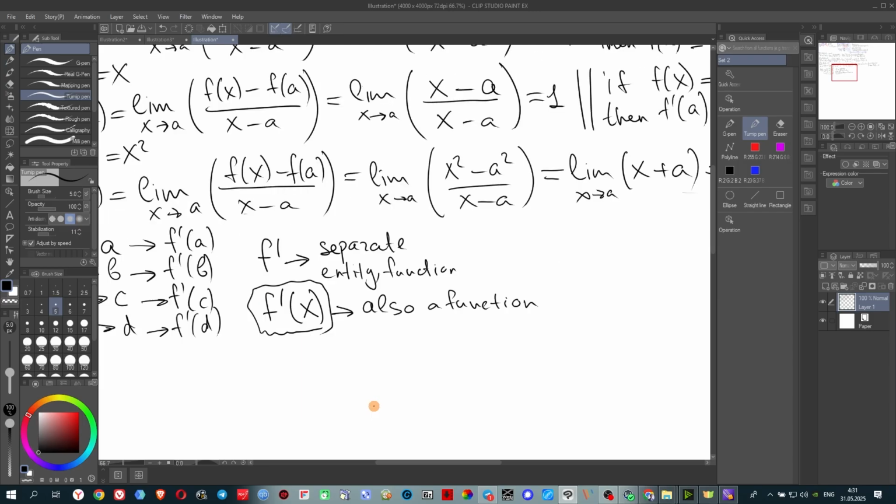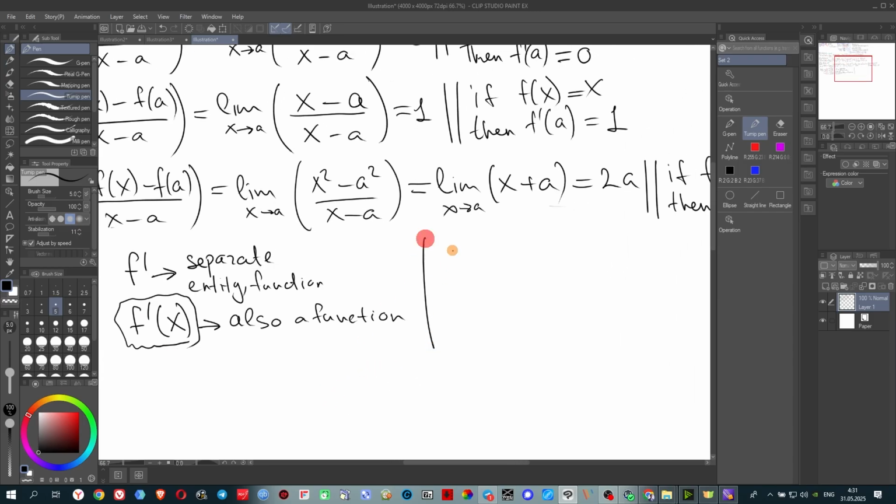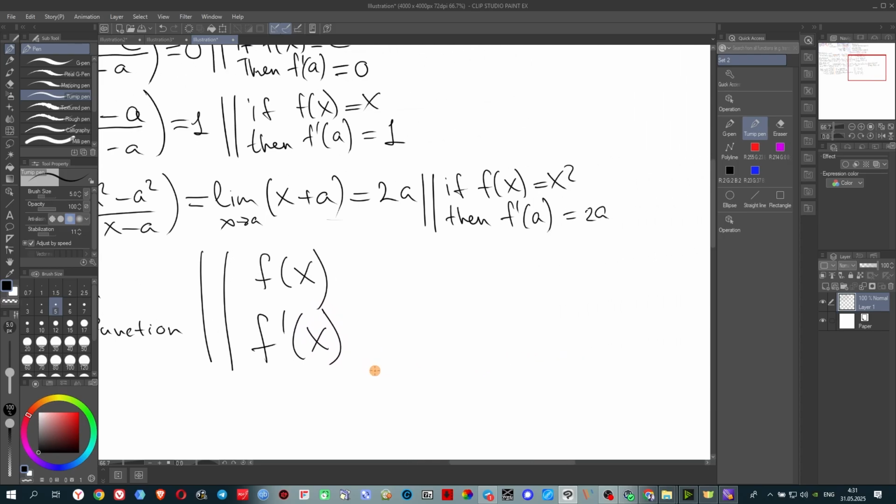Okay, perfect. Because in mathematics, usually we say that there is an initial function f of x, and after that we can derive its derivative, another function f prime of x. And how would it look initially?